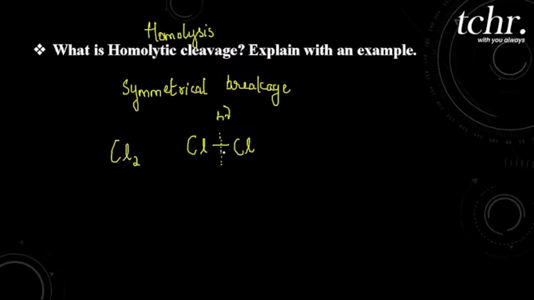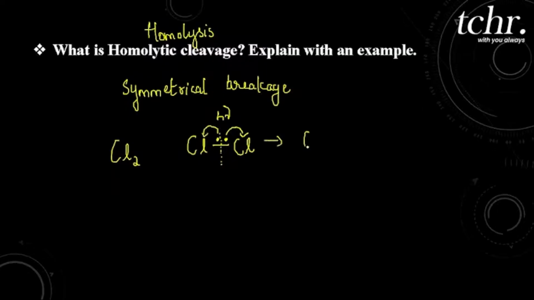What is a covalent bond? A covalent bond is formed by sharing of electrons. Two electrons make one covalent bond, right? When the bond is broken, each fragment gets one unpaired electron. This one gets one electron, and that one gets one electron.